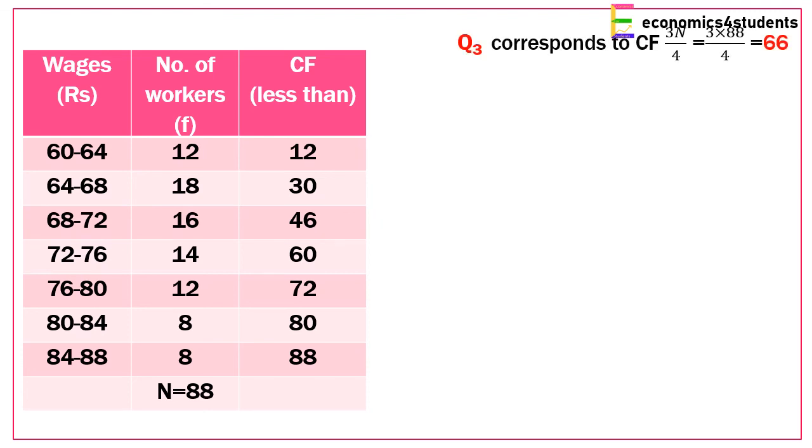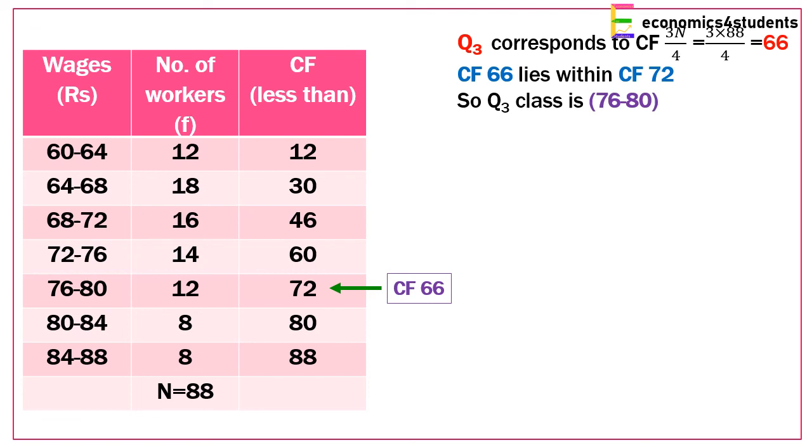Next, we will find Q3. Q3 corresponds to cumulative frequency 3n by 4, which is equal to 66. Cumulative frequency 66 lies within cumulative frequency 72. So the Q3 class is 76 to 80. Therefore, L is equal to 76, CF is equal to 60, f is equal to 12, I is equal to 4.